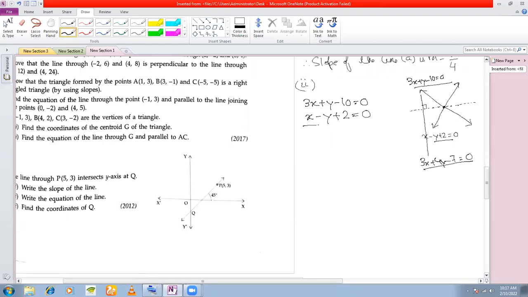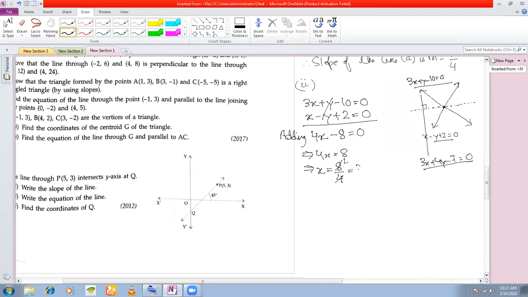Add them, the elimination method. The y terms cancel. You get 4x, and minus 10 plus 2 gives minus 8 is equal to 0. So you get 4x is equal to 8. That means x is equal to 8 by 4.